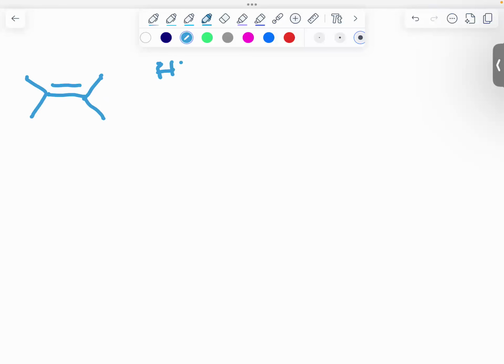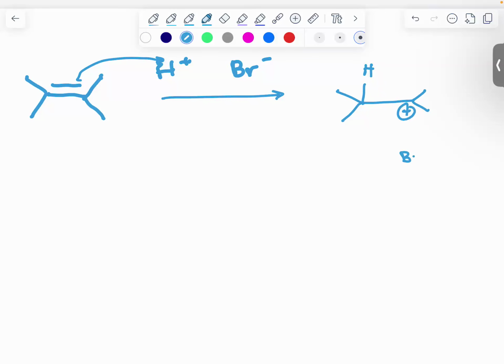So you have H plus and Br minus. This is going to attack here, and you'll have an H and a new cation. And then Br minus can add here.